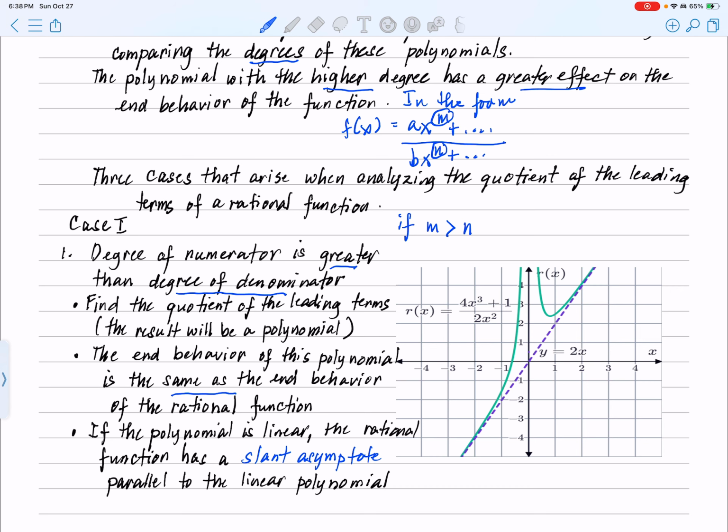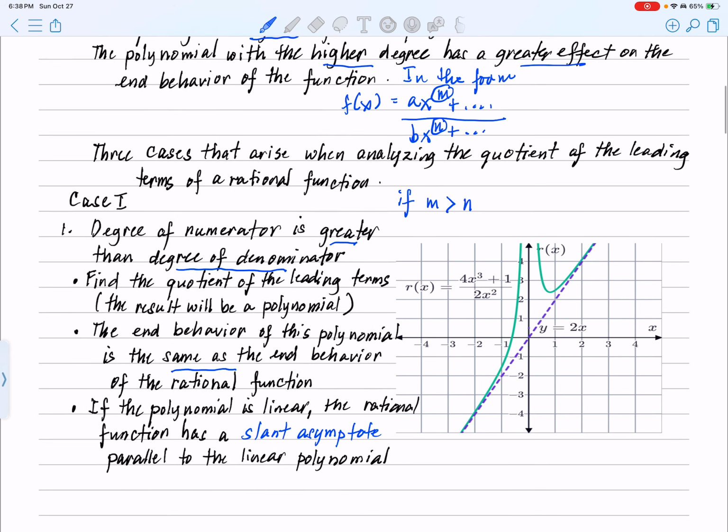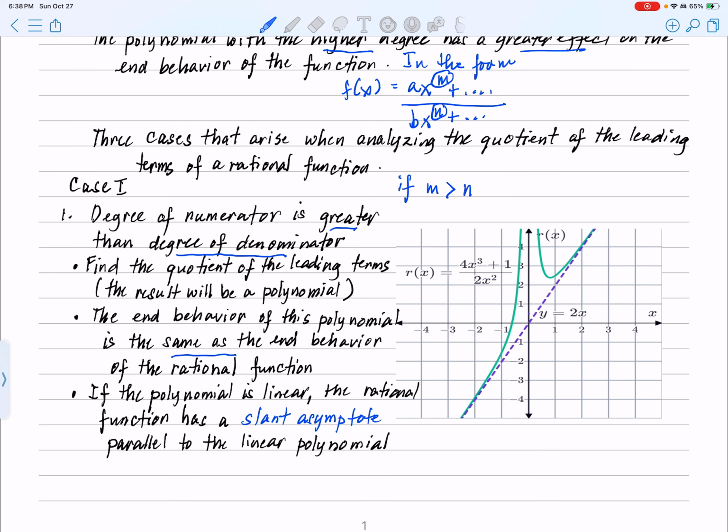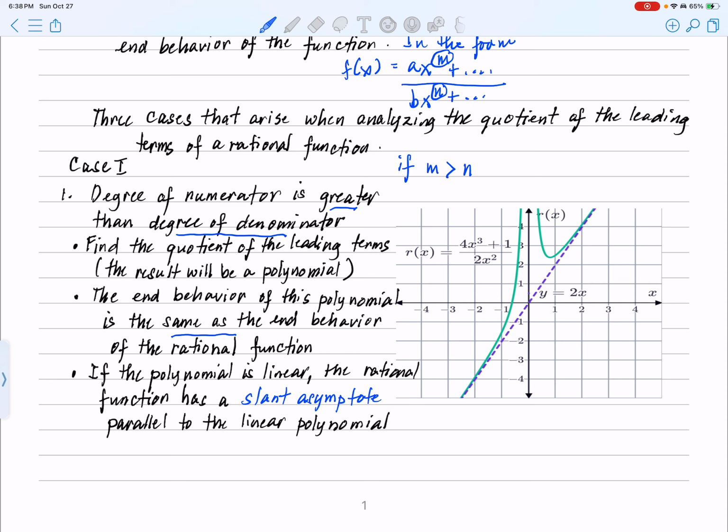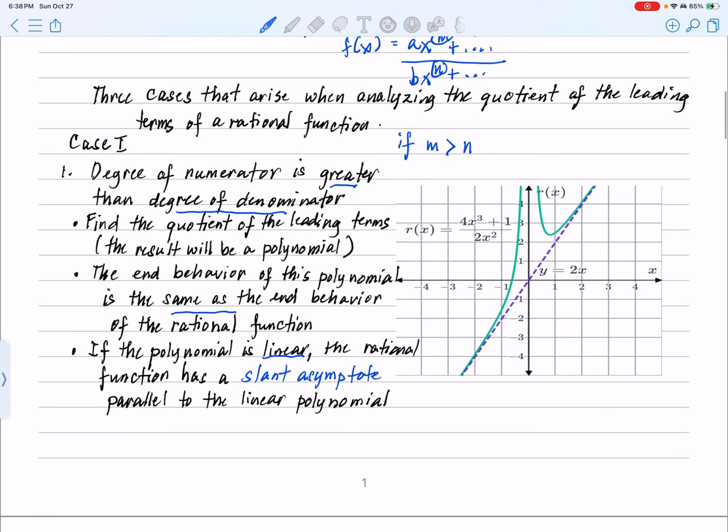So what's going to happen? Find the quotient of the leading terms. The result will be a polynomial. So the end behavior of the polynomial is the same as the end behavior of the rational function. If the polynomial is linear, then the rational function has a slant asymptote.